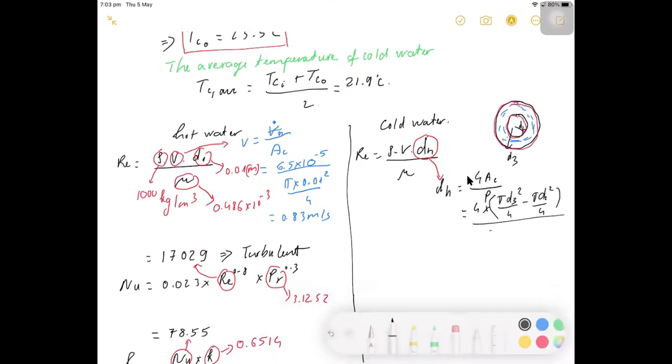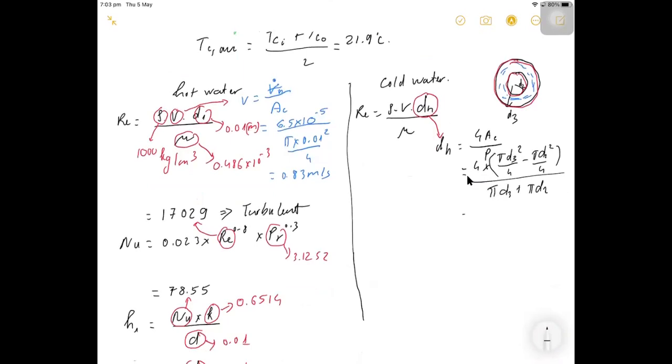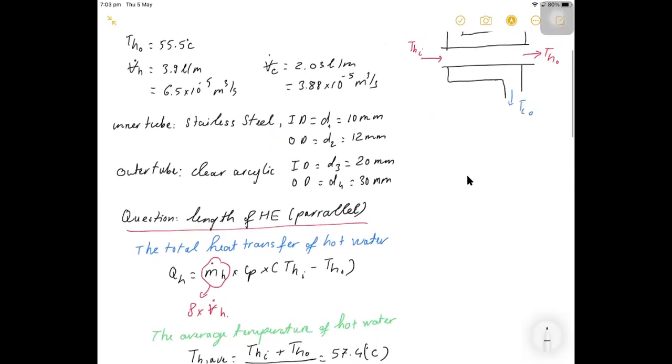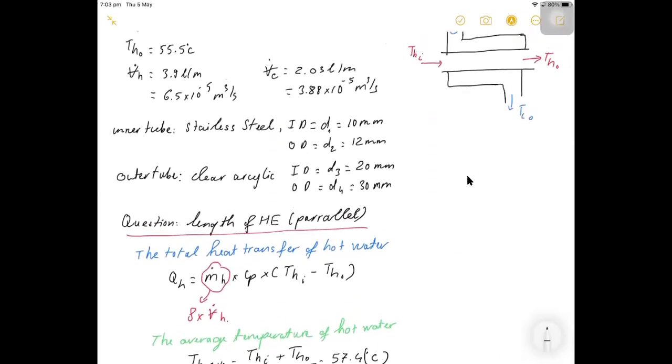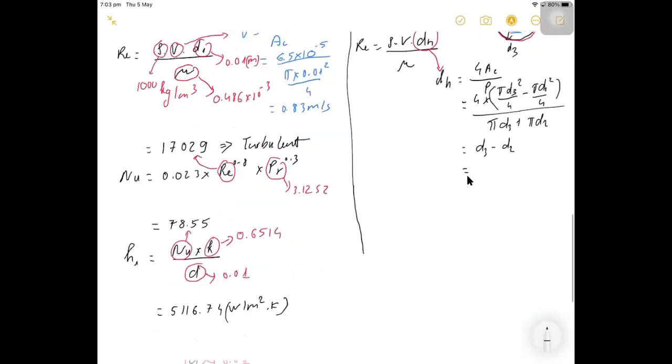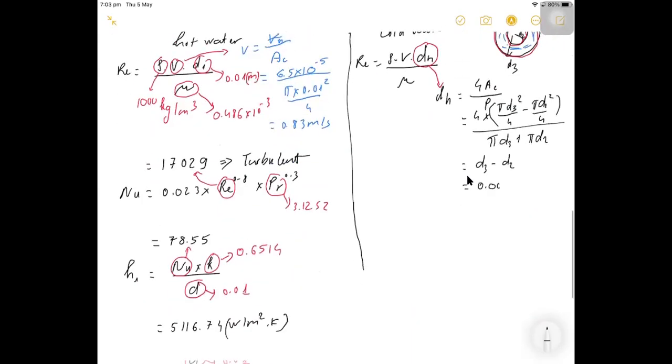So you have pi D3 plus pi D2. Okay, so that's why Dh here is D3 minus D2. D3 is 20 millimeter, D2 is 12 millimeter, so this one is 0.008 meter.